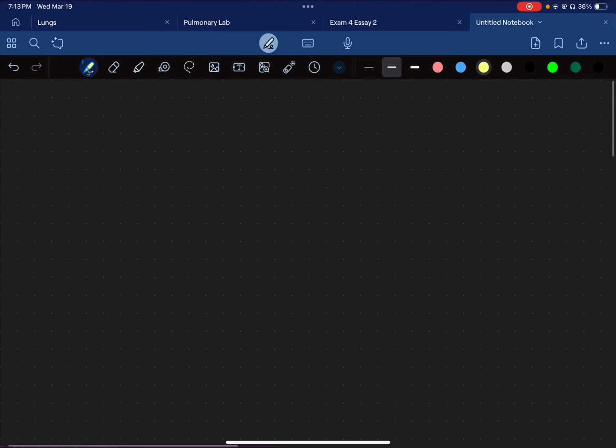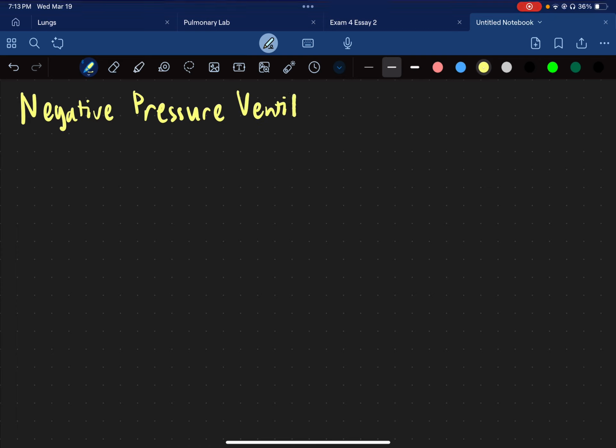I wanted to get started with negative pressure ventilation. What is negative pressure ventilation? It is the negative pressure in something we call the pleural space, which is surrounding the alveoli.